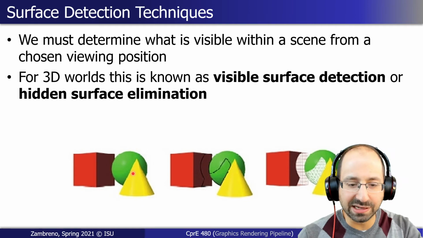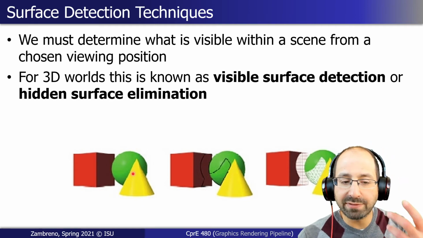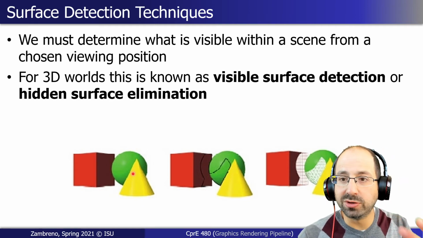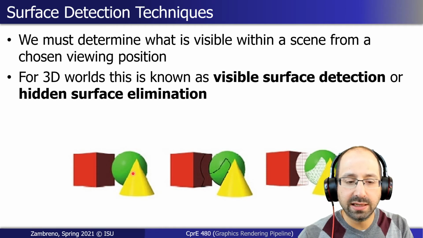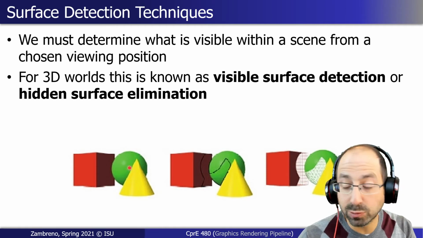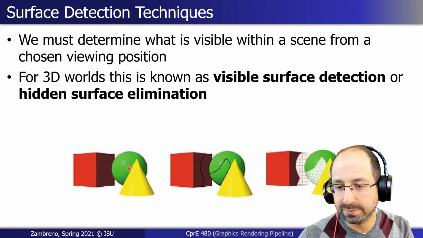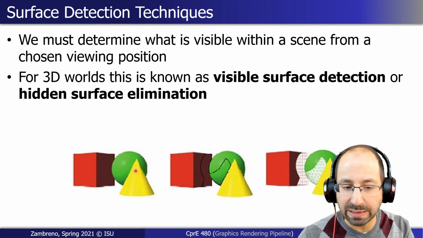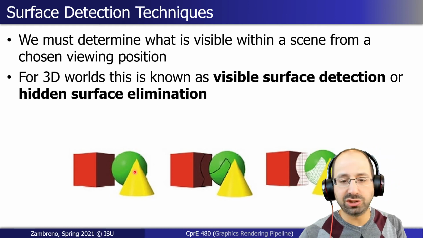Again, looking at it, it's obvious what it should be, but we have to determine what approaches allow us to know that even though we have two objects that would correspond to the same XY location in our frame buffer, this yellow one is the one that actually should be drawn.